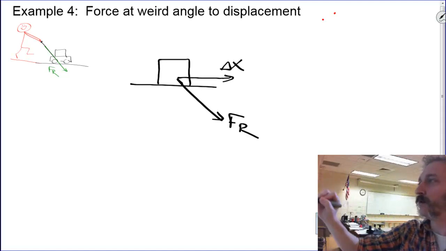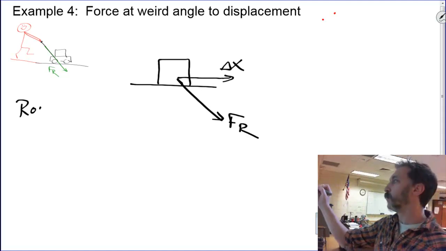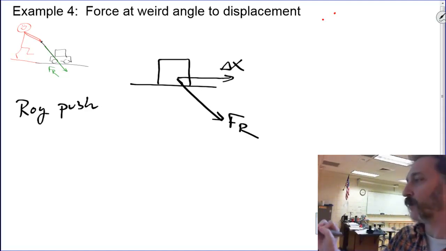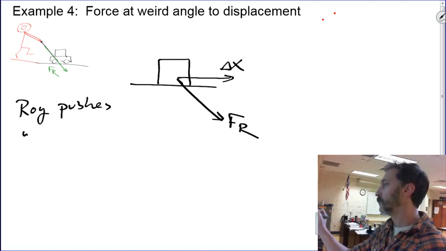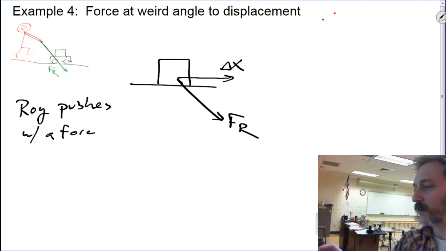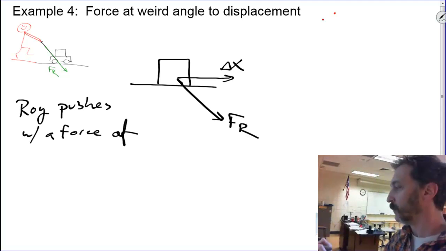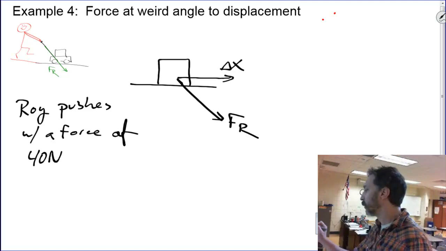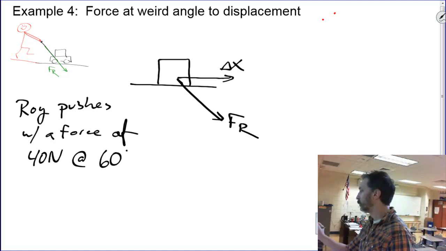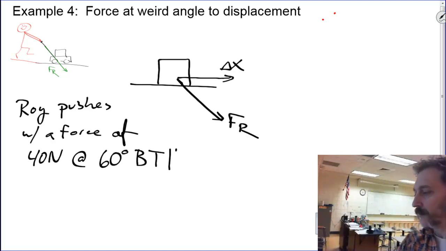So suppose Roy pushes with a force of, I don't know, how about 40 newtons at 60 degrees below the horizontal.